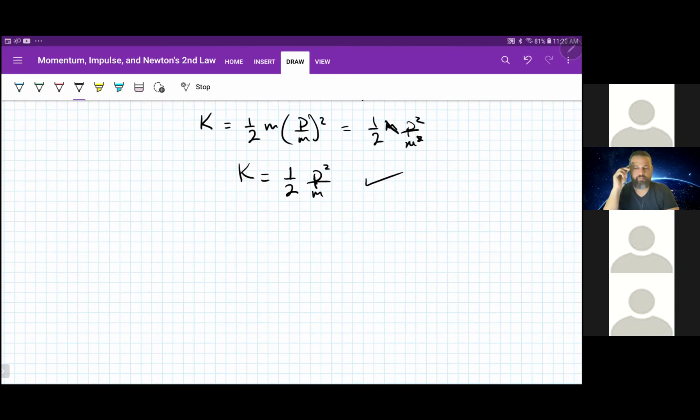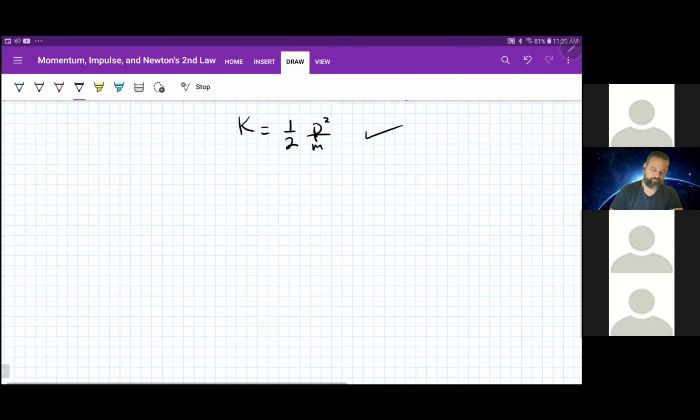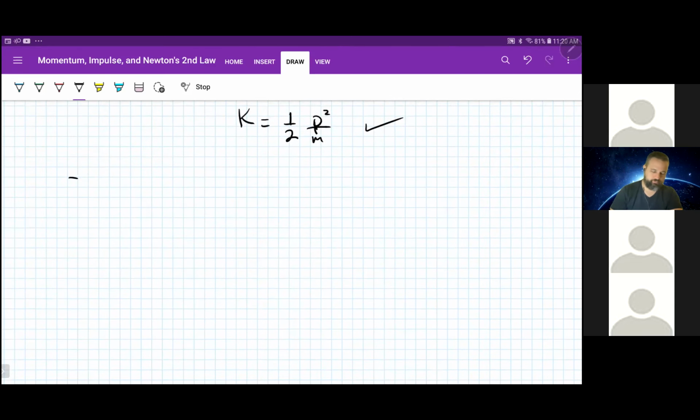Because elastic collisions conserve energy, we will usually need two equations to solve for two unknowns.